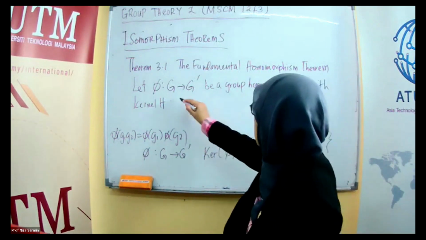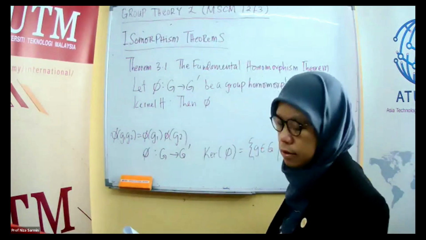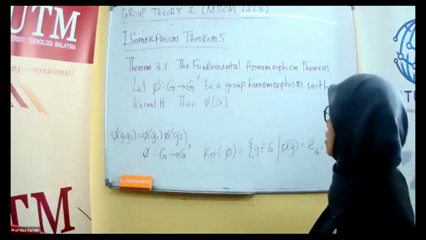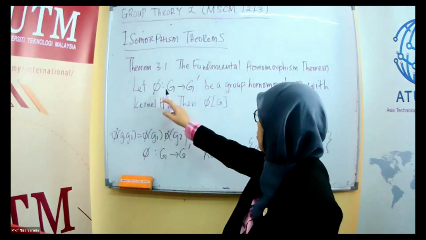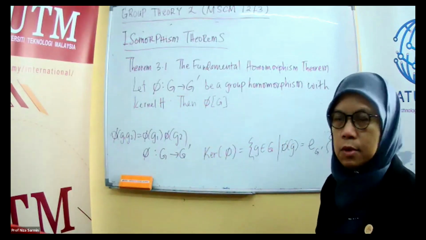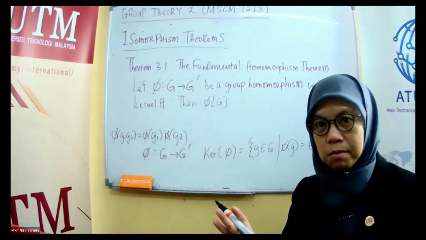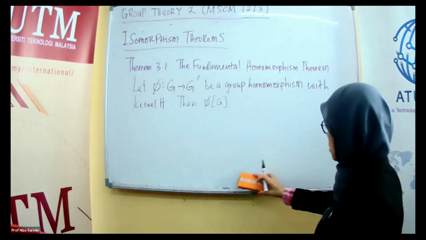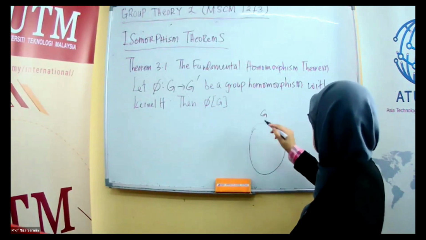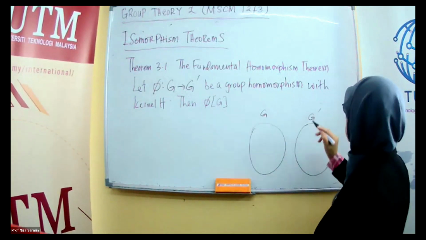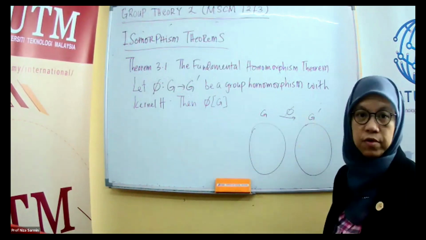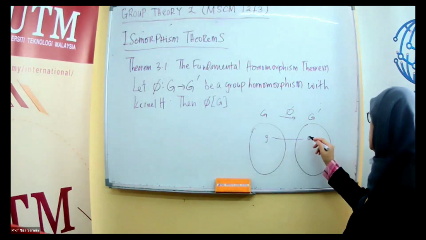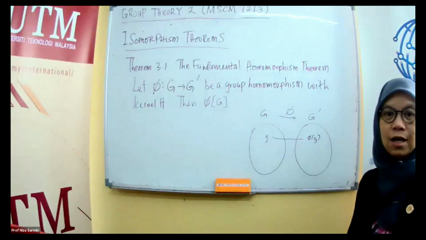Then phi of G. What is phi of G? If you have a mapping from G to G prime, phi of G is whatever the image, right? If you have G here and G prime here, and you have this mapping, G is mapped to the image.